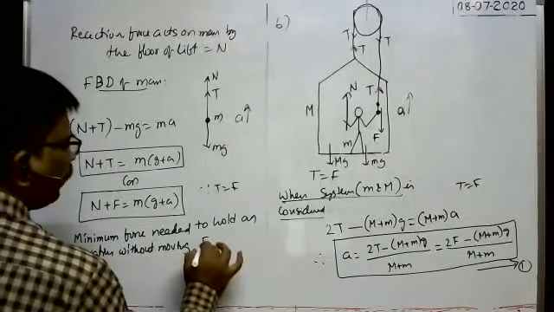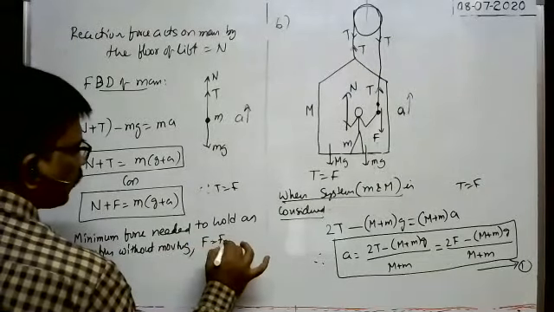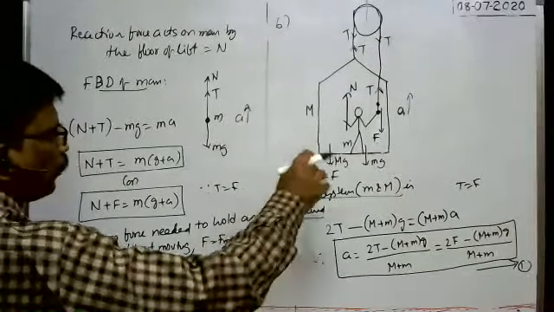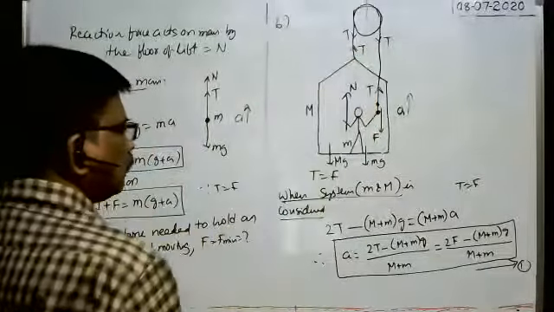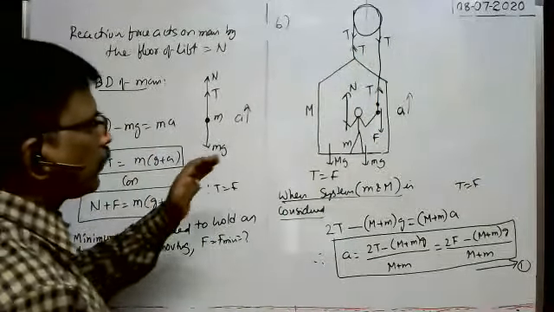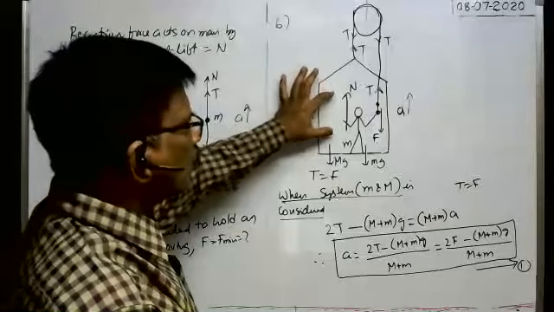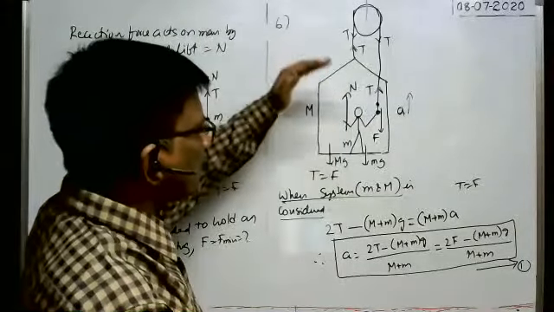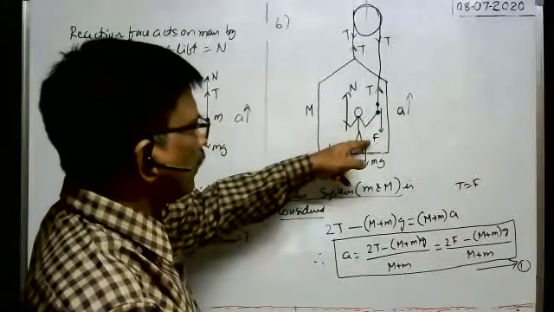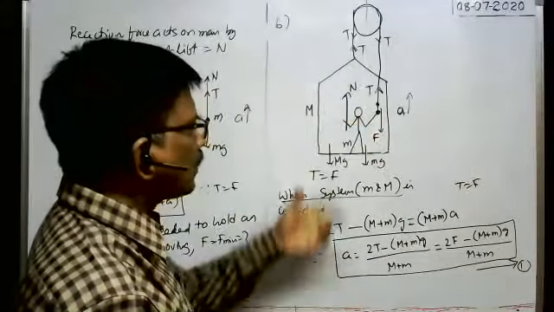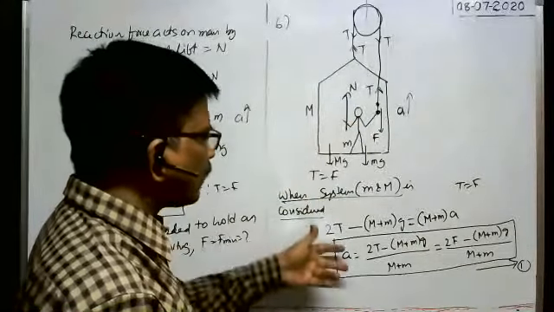F is equal to F minimum. What is the minimum pulling force by the man? Whenever the elevator is to be held at this place without moving upwards or downwards, what is the minimum force required? In such a case, acceleration is 0 now. As the lift does not move upwards or downwards, acceleration is 0.